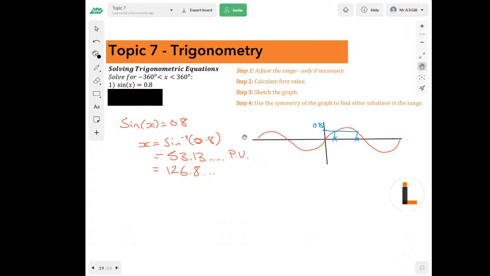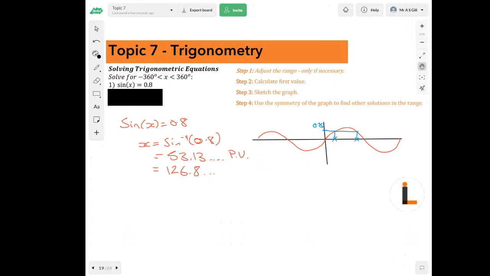And then we now need to look at how we're going to work out the two values in the negative part of our sine graph.